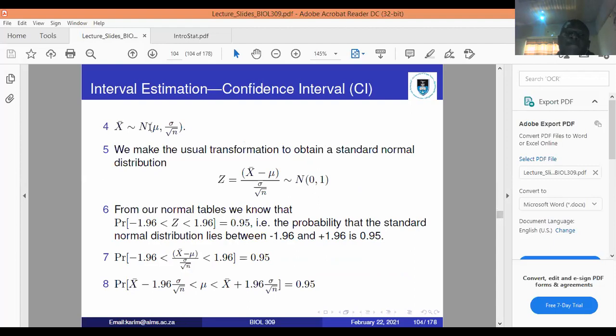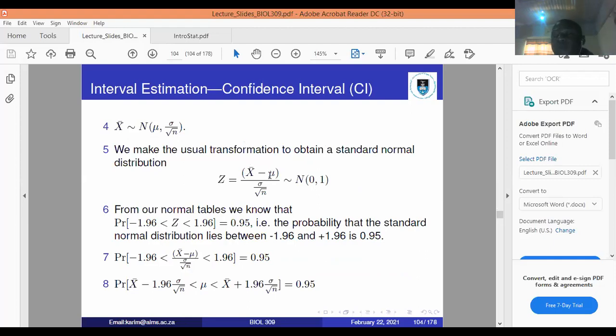Here, because we are dealing with the mean, the mean of the random variable is distributed as this. So our Z is going to be the mean of the sample minus the mean of the population.